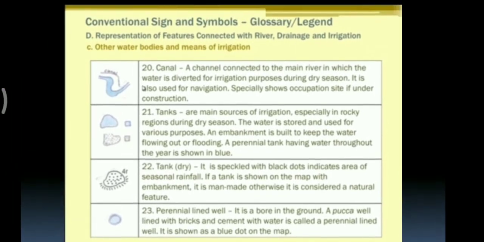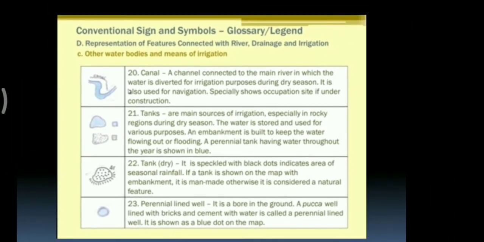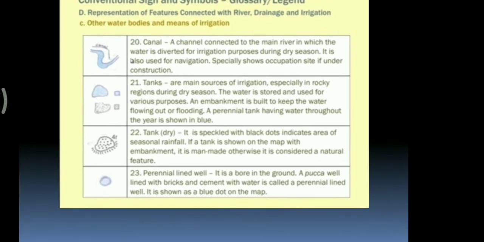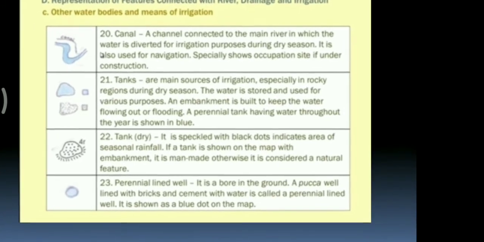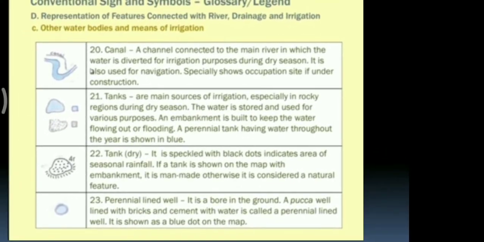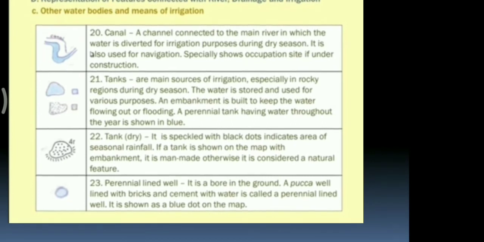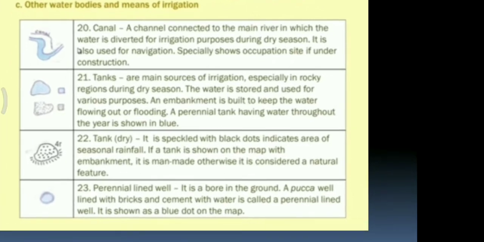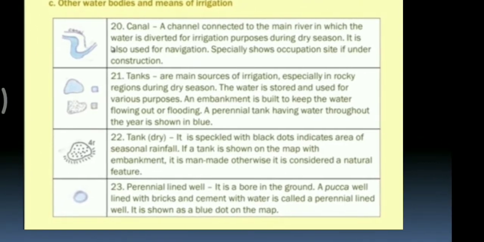And this is tank, perennial well, and canal structure. A canal is a channel connected with a main river in which water is diverted for irrigation purposes during the dry season. It is also used for navigation, and it shows an occupation site if under construction. And for tank, it is used for irrigation.